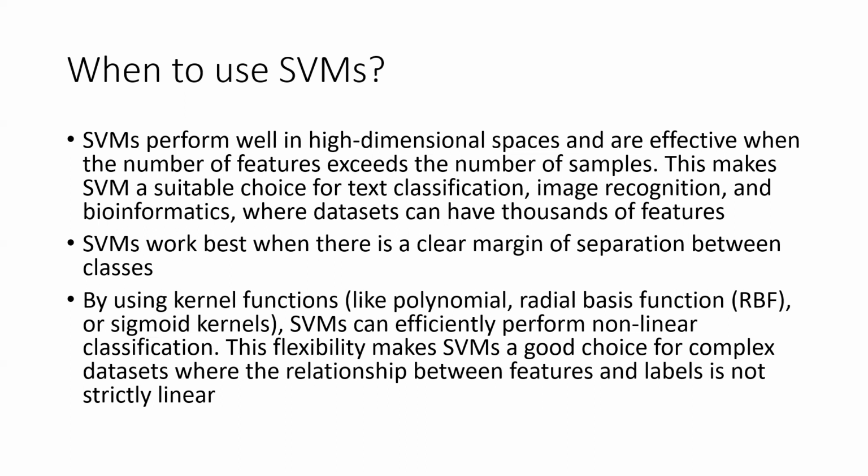And as we said, SVMs are mainly used when you want to use kernel functions for nonlinear classification. That means when you have very complex data sets where the decision boundaries are very complex, you can use support vector machines.